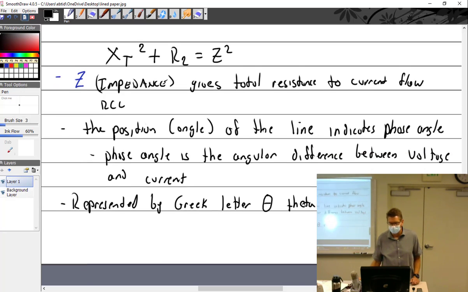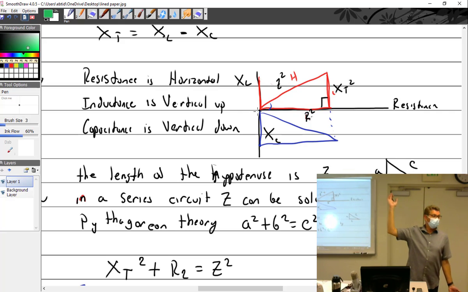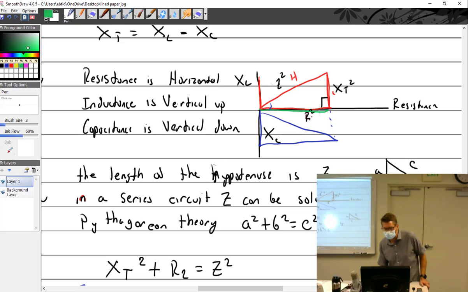I got honest people. I love honest people. So I go back to this chart right here, get a different color, maybe green. In a purely resistive circuit, how much X of L would I have? 0. None. There are no inductors. How much X of C would I have? 0. None. There are no capacitors. But I've got resistance, so this is the only line I would have. So what is my angle? 0.